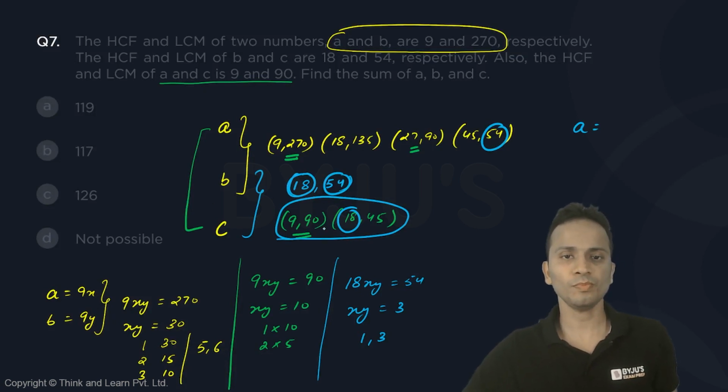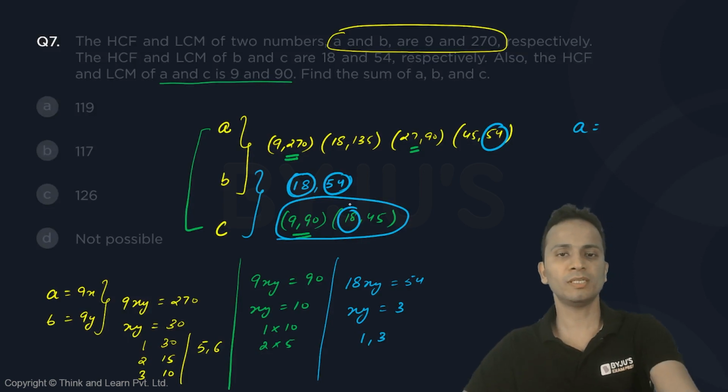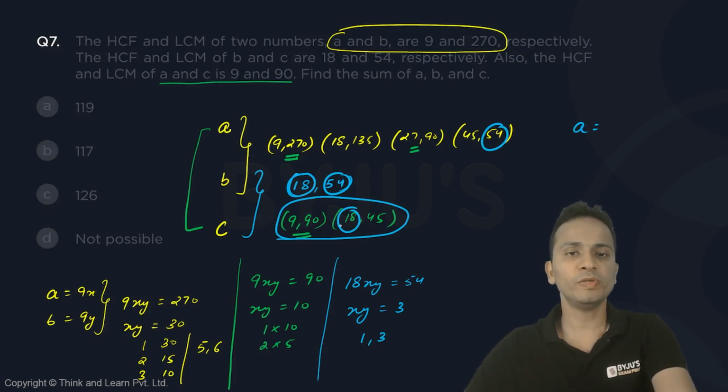So here 18 is common, and between AC and AB, I have 45 common. So 54 has to be removed from the third value.